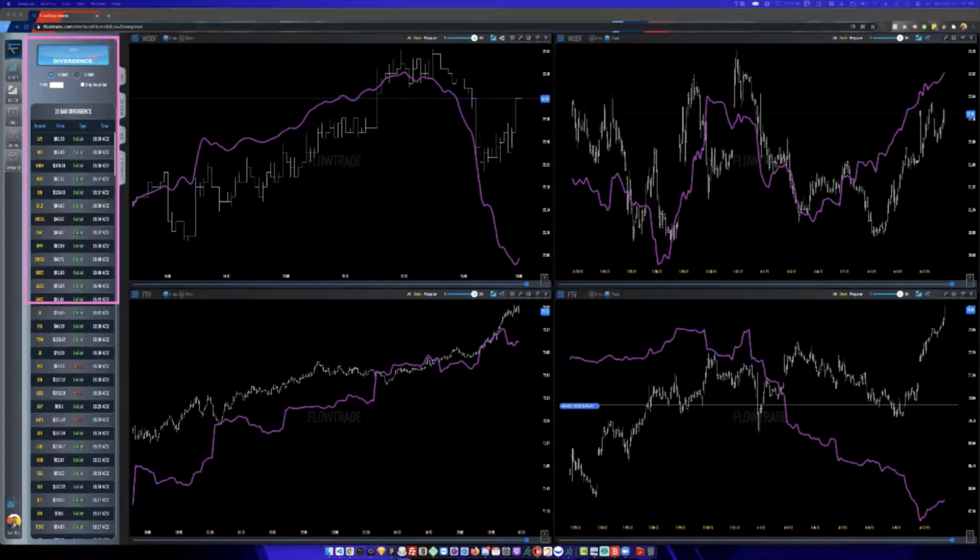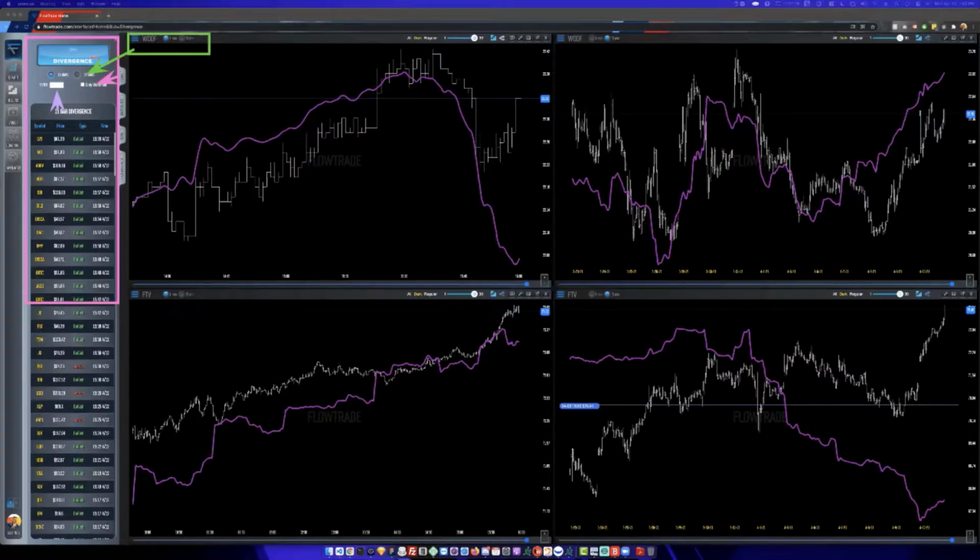It allows us to do a couple nice things, such as filter divergence from stocks only on our watch list, filter individual stocks. We can switch between 15 bars and 30 bars. That is on the 1 minute chart. The bars are what takes place over here on the 1 minute chart.